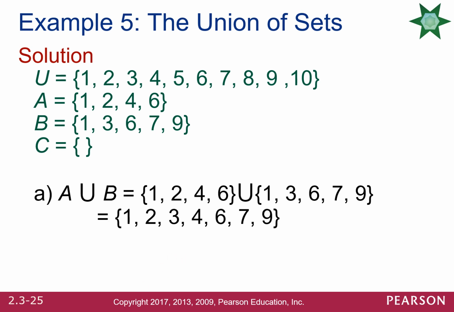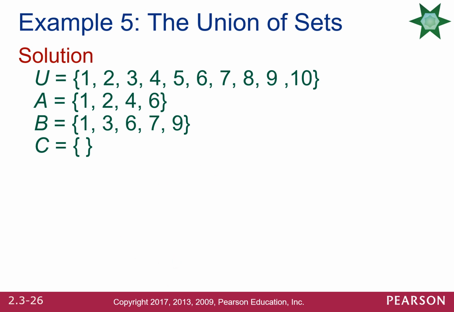Their result is 1, 2, 3, 4, 6, 7, 9. They list the common ones only once, and this is the same as what we got when we worked it out in the previous slide, right?